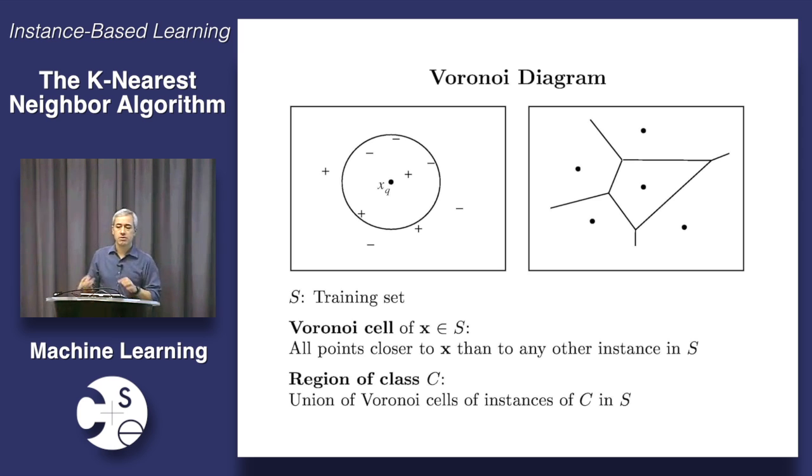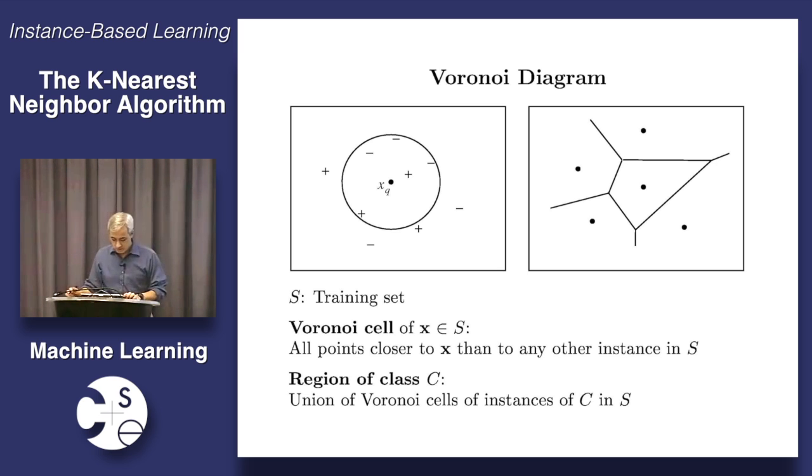Okay? Well, but now let's turn this around. Which queries is this positive example going to be the winner for? I can ask the question for each of these training instances, what region of instance space is it closest to, and therefore the region where it's going to win and be the one that makes the prediction.